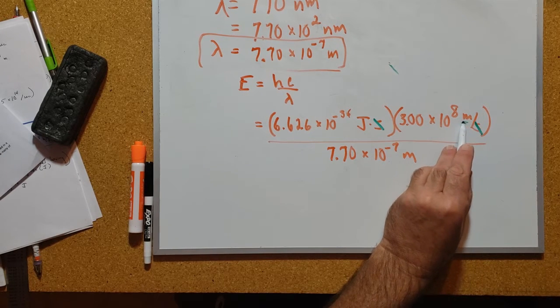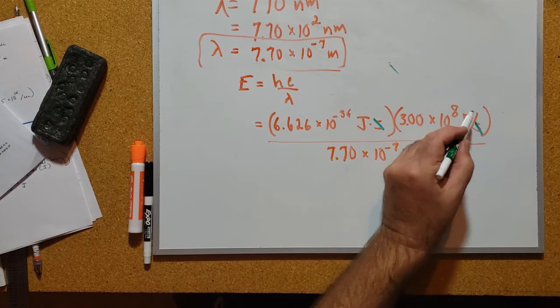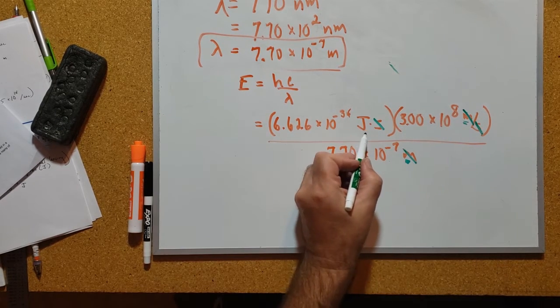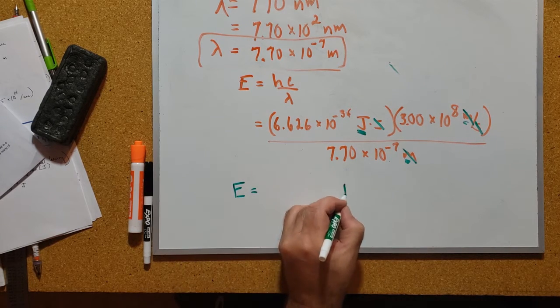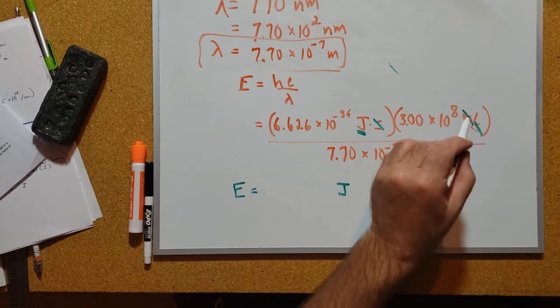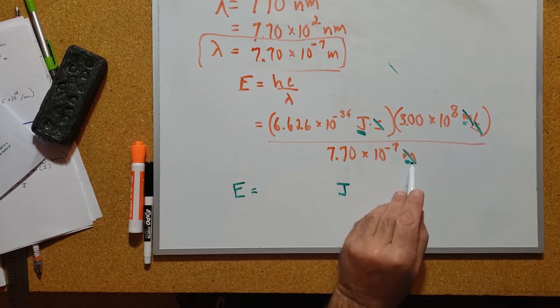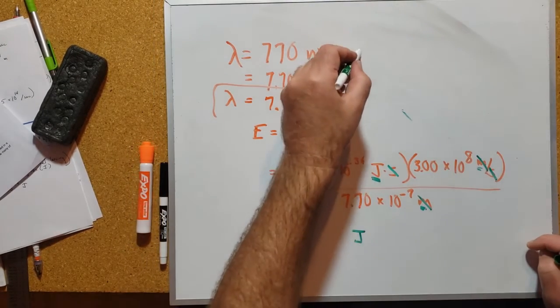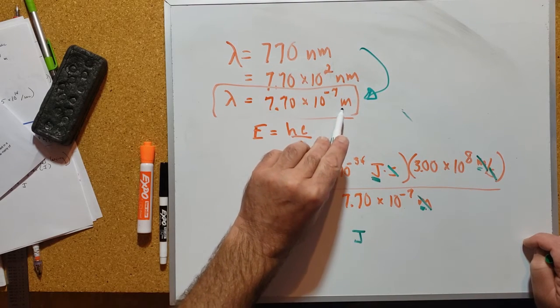The meters part here will cancel with the meters part down here, leaving you solely with units of joules, which is exactly what you need if you're computing energy. Energy has units of joules, so the seconds have to cancel, and more importantly, the meters have to cancel. Well, how did I get the meters down bottom? That was all this mess here at the very beginning, where the wavelength in nanometers was converted to the wavelength in meters.